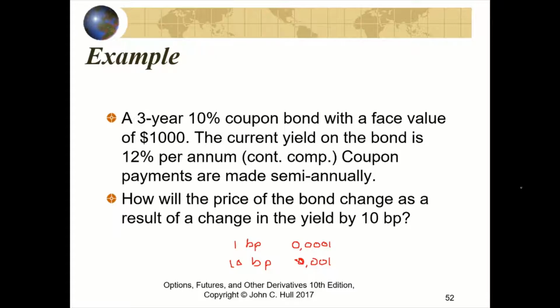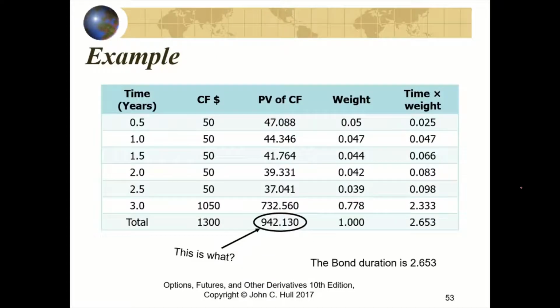To find the duration, we need to organize the inputs. One way is to do this by using a table. In this table, we will have a column for the timing of the coupon payments, or the cash flows that the bond will produce.